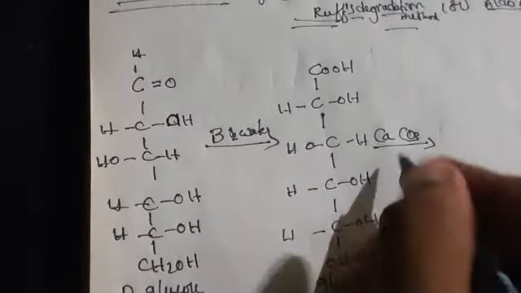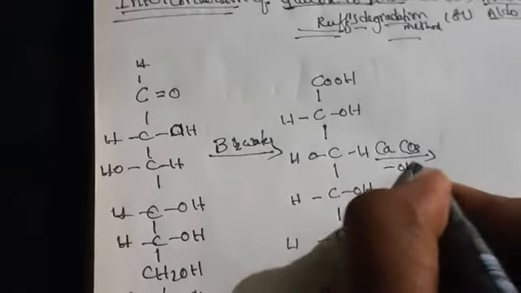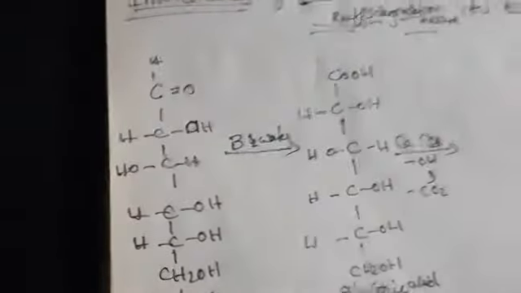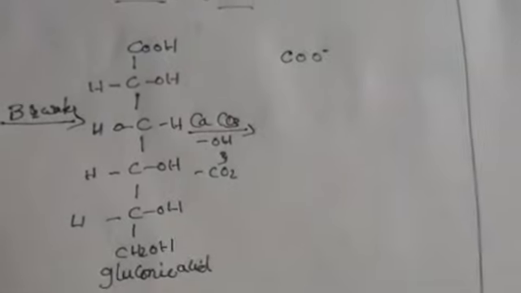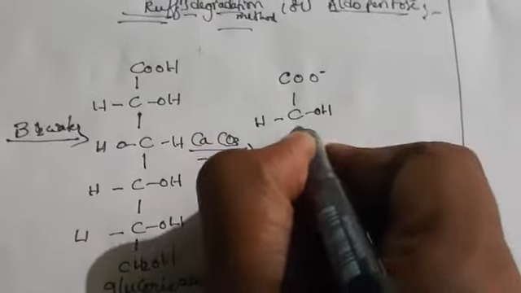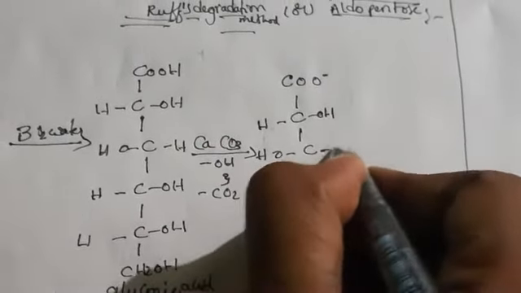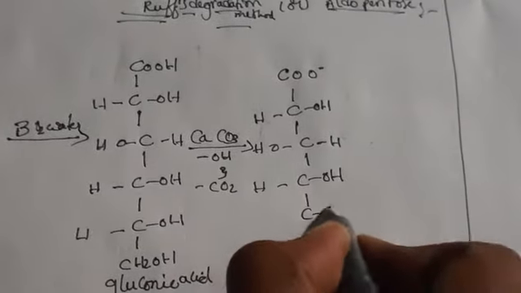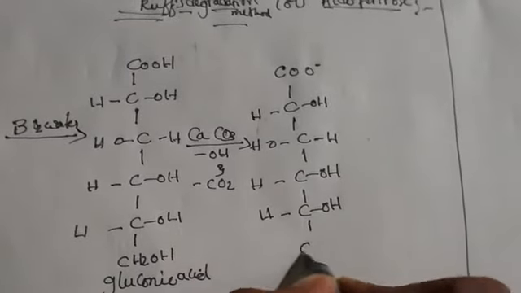Now what will happen is the H and the OH are removed as CO2 gas is eliminated, and it forms a salt. So you get COO minus, then H, OH, H, OH, H, OH, H, OH, CH2OH.